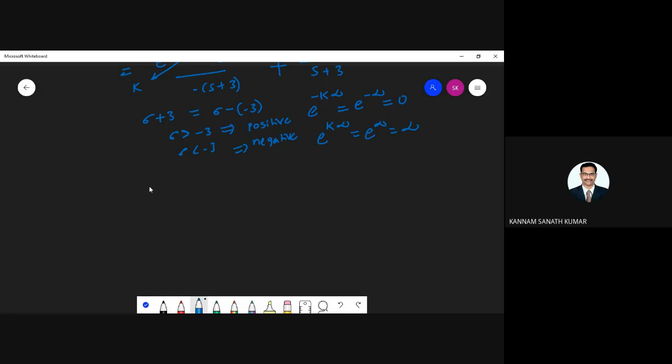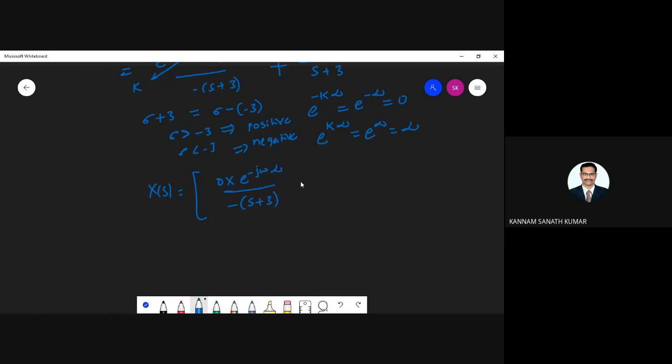So X of s equals 0 into e power minus j omega infinity divided by minus s plus 3. Anyway, e power minus j omega infinity is how much? This is also 0.